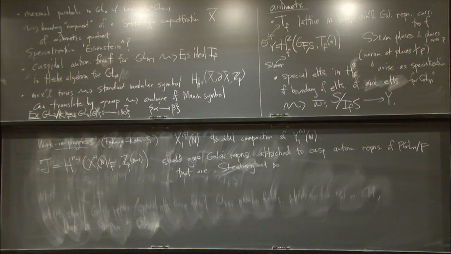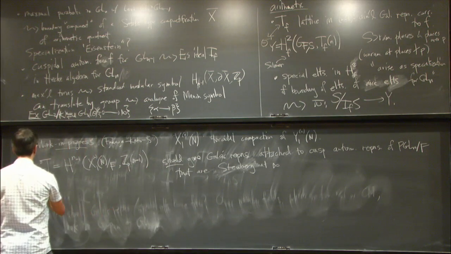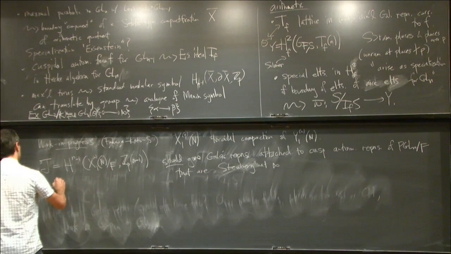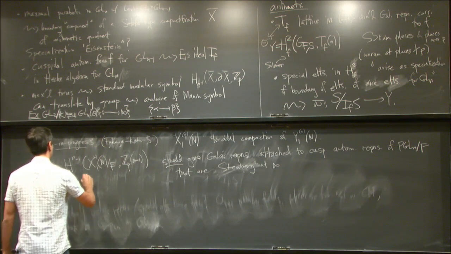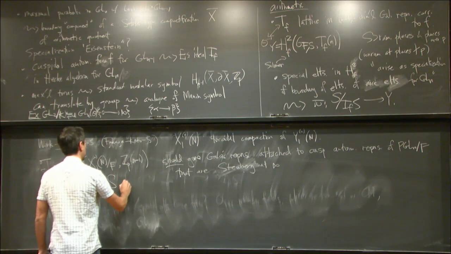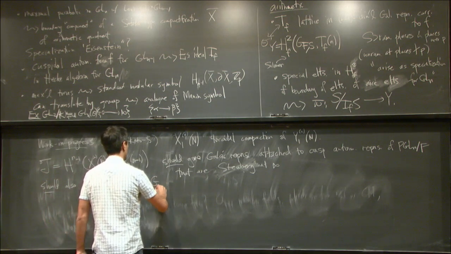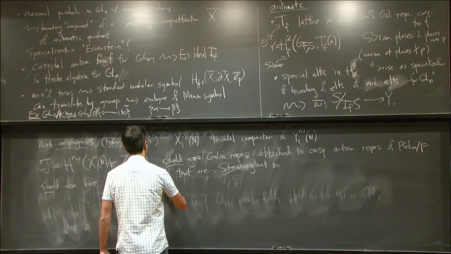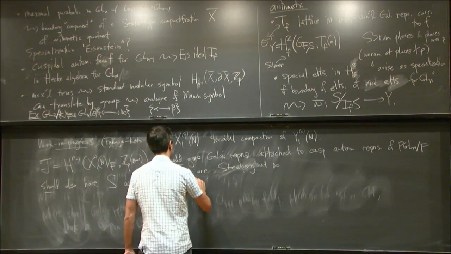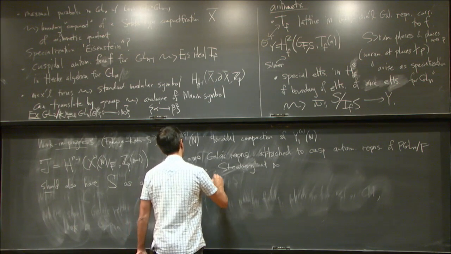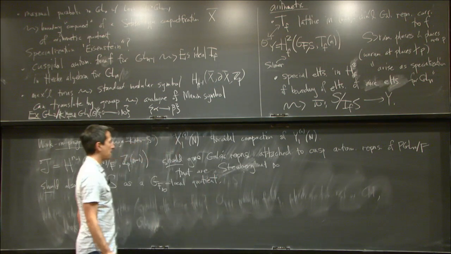Then we don't need to construct a toroidal compactification because it's already compactified by Drinfeld. So that's what it should have. Should also have S as a G F infinity local quotient, just as in the setting of modular curves.